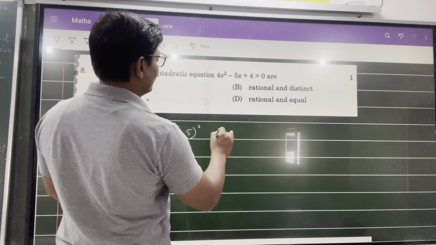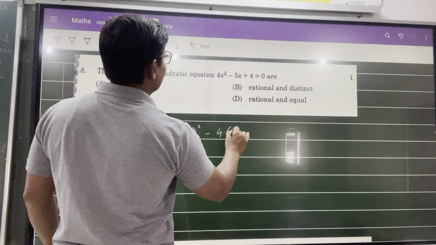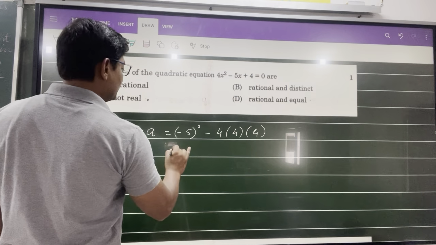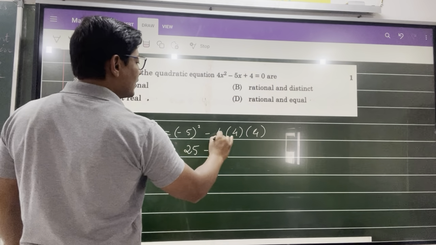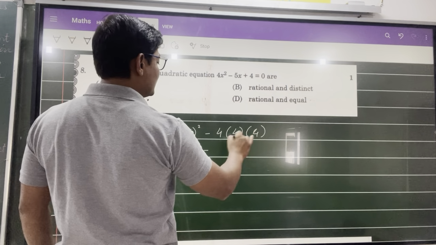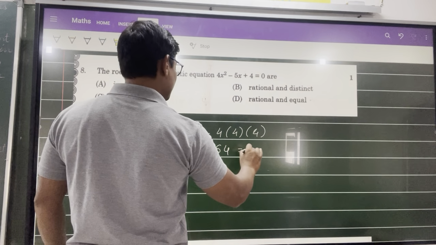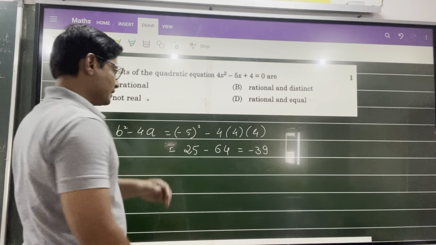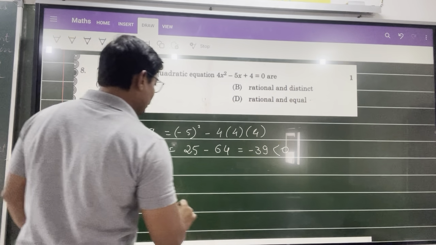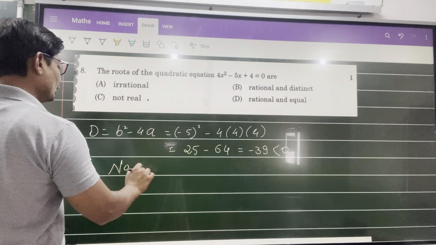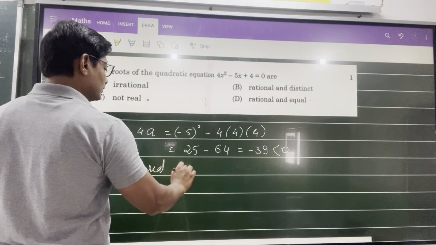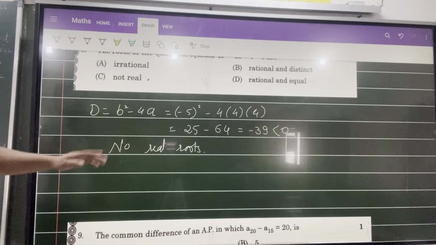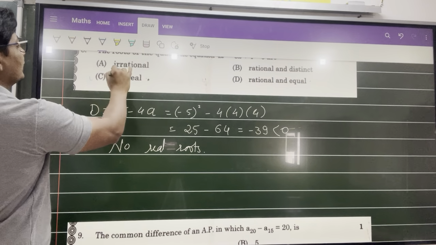So minus 5 square, then minus 4 times a is 4 and c is also 4. So if you simplify this, you will get 25 here, and minus 4 into 4, 16 for the 64. So which is I think coming to be minus 39, which is less than 0. So no real roots. So check which option is the correct one. So this is option number C, not real.